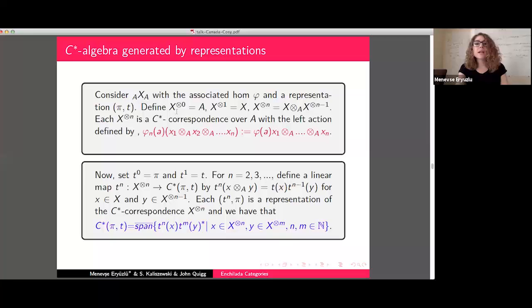We denote x to the 0 as A, x to the 1 as x, x to the 2 as x tensor x, and x to the n is just this. Each of these x to the n's can be viewed as a C-star correspondence over A. And again, by using this linear map, we define this t to the n.